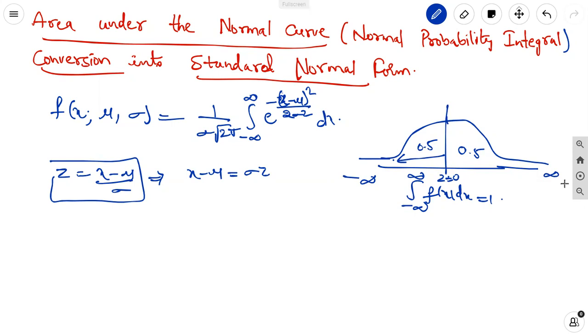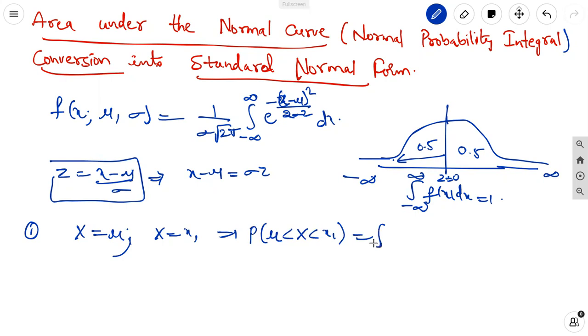Okay. Here, the probability that the random variable capital X will lie between x equal to mu and x equal to x1, that is, between the mean and x1, is given by the probability of mu less than X less than x1.